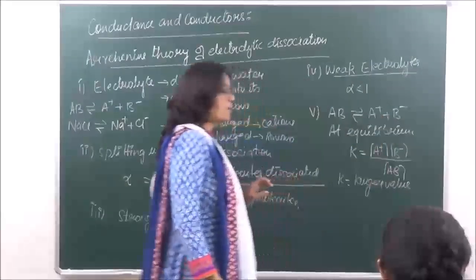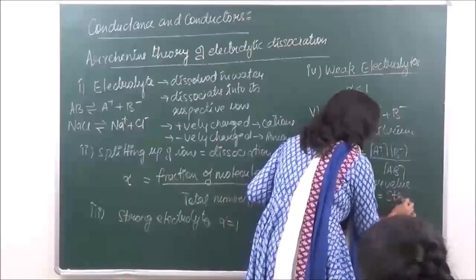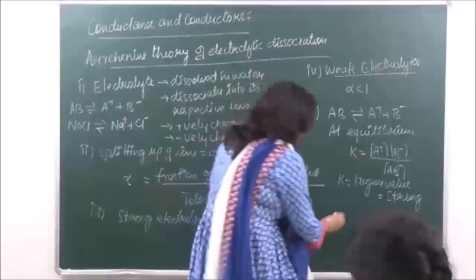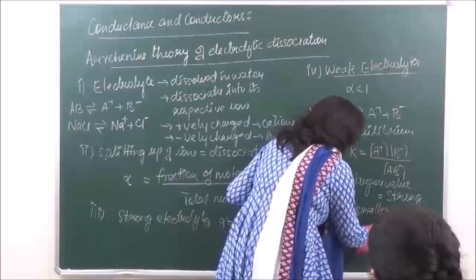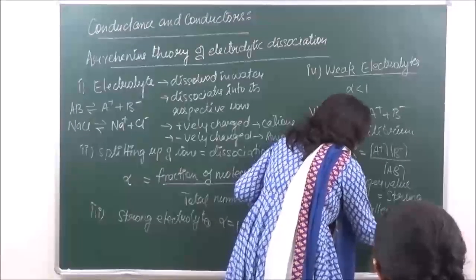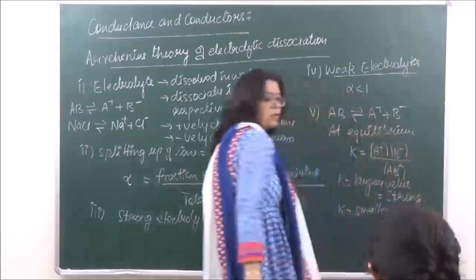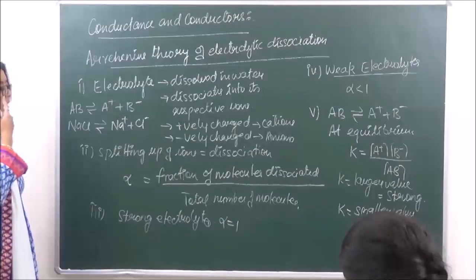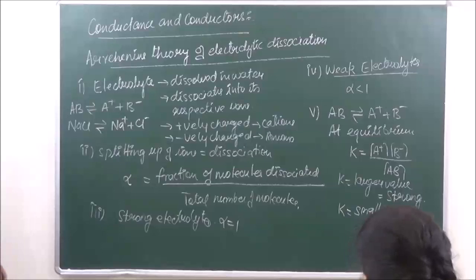K is going to have a larger value for strong electrolytes and a smaller value for weak electrolytes.